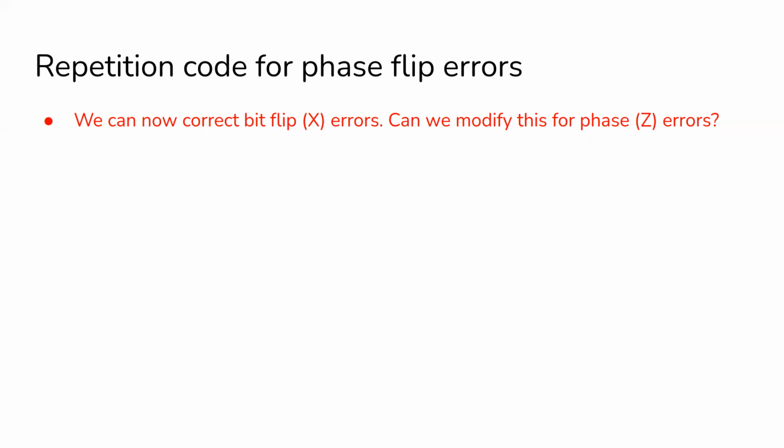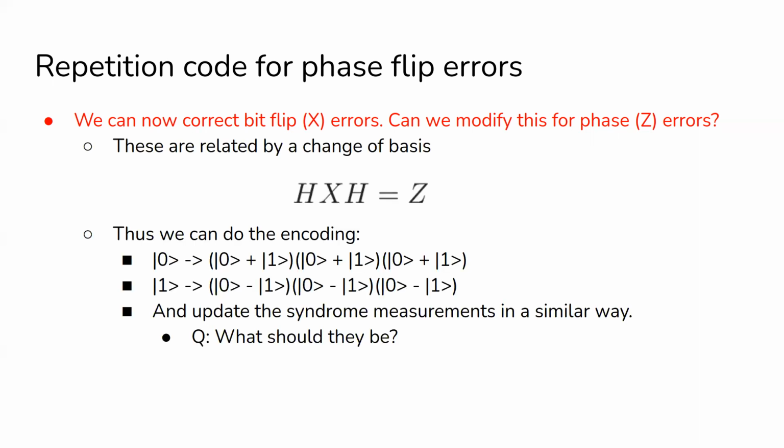So the idea is we can do exactly the same thing with one minor change, which is just, as was said, recognizing that X and Z are related. And they're related by this change of basis. So what does this mean? This is just an identity that I think we've seen before. If not, you can prove it.